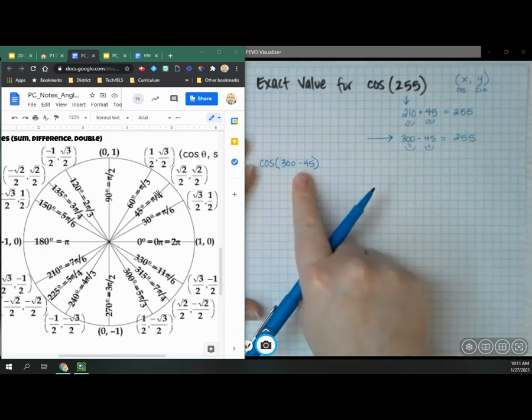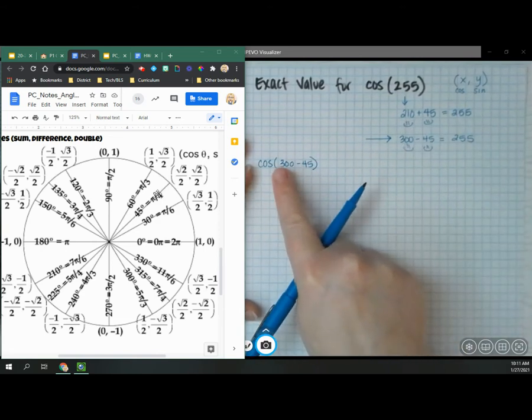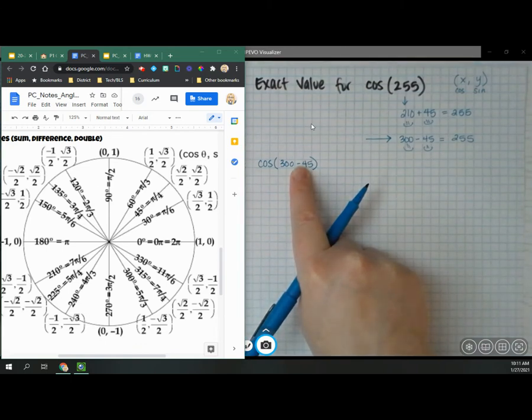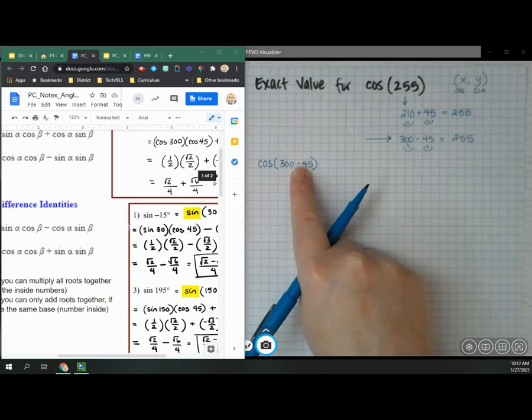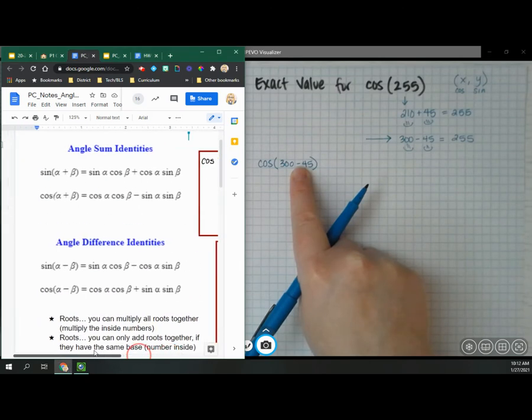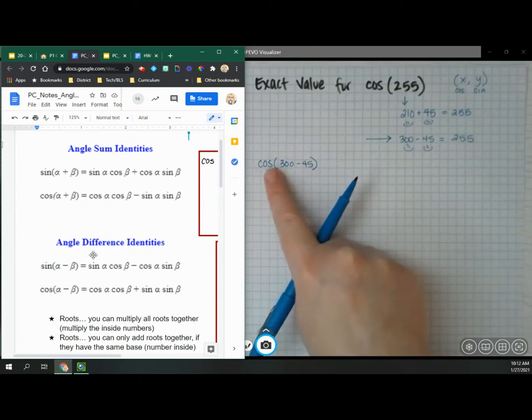Now, in order to find this, I need to use the formula for angle difference. Difference because there's subtraction. Coming over to my notes page and scrolling up, I'm looking specifically for my identities. I have subtraction, so I need to use the angle difference. I have cosine, so I'm going to use the second one. Notice it says cosine alpha minus beta.